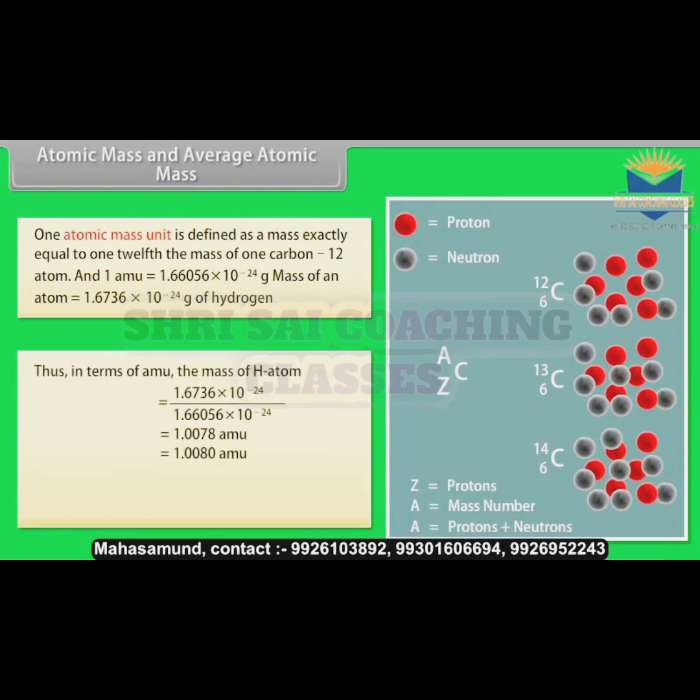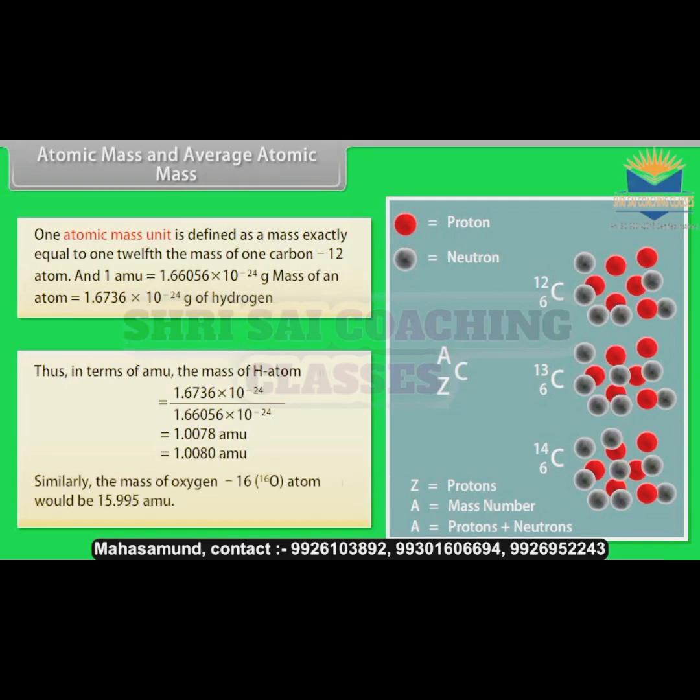Thus, in terms of AMU, the mass of each hydrogen atom is equal to 1.6736 × 10^-24 upon 1.66056 × 10^-24, which is equal to 1.0078 AMU, which is approximately 1.0080 AMU.